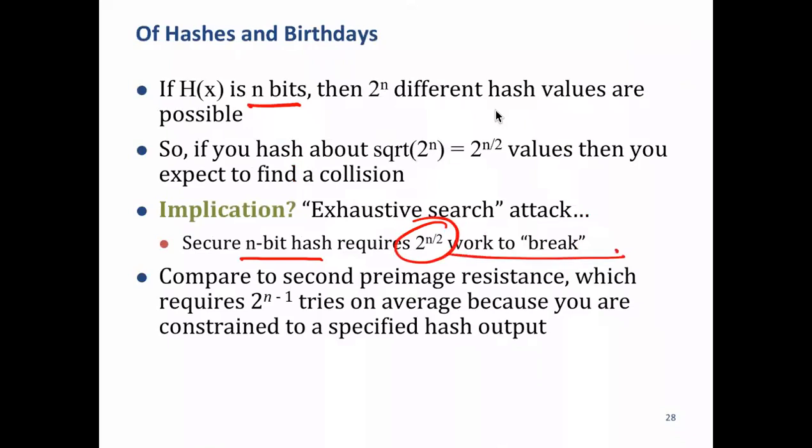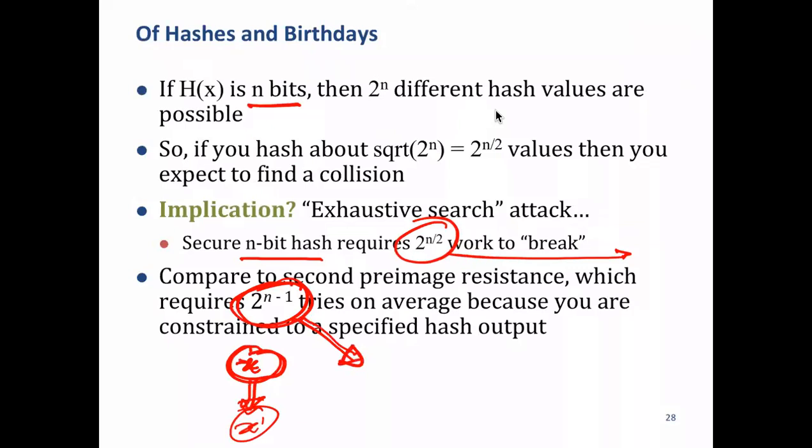While in the case of second pre-image, where given x you have to find x dash, it will require 2 raised to the power n minus 1 attempts or tries, right? Say, for example, Yashi's birthday is on a certain date. Is there anybody in the class who also has a birthday on the same day? This will require more work than finding any two people who have the same birthday.